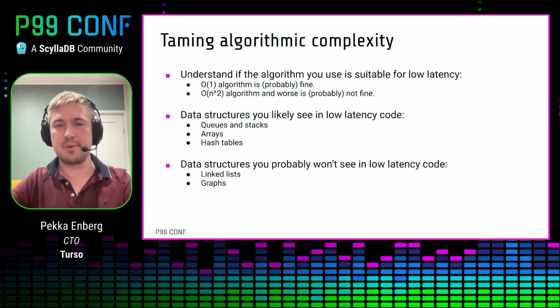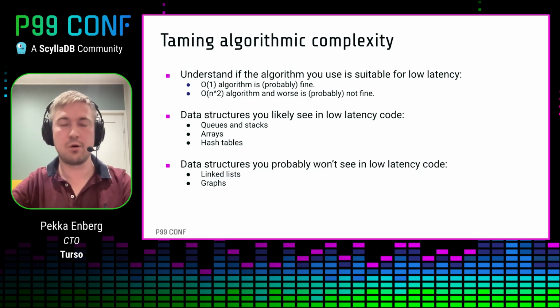So a lot of people hopefully have heard about the big O notation. It basically tells you how many steps an algorithm will take as a function of the input, right? The main thing you need to understand is whether the algorithm or data structure that you are picking is suitable for low latency.